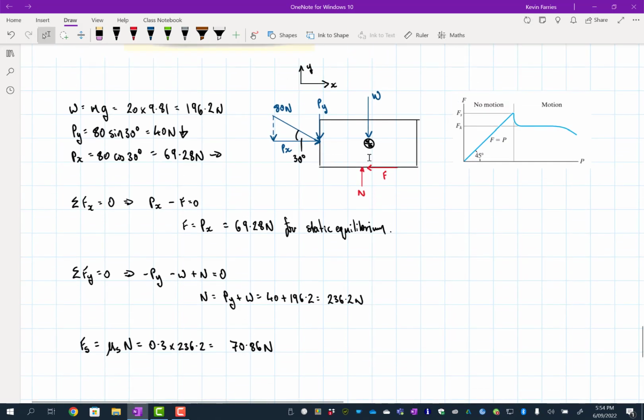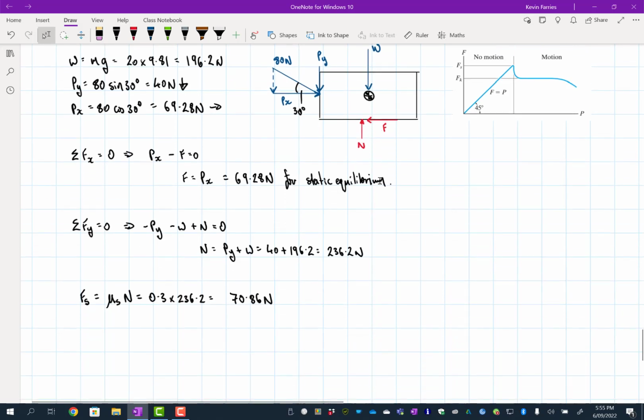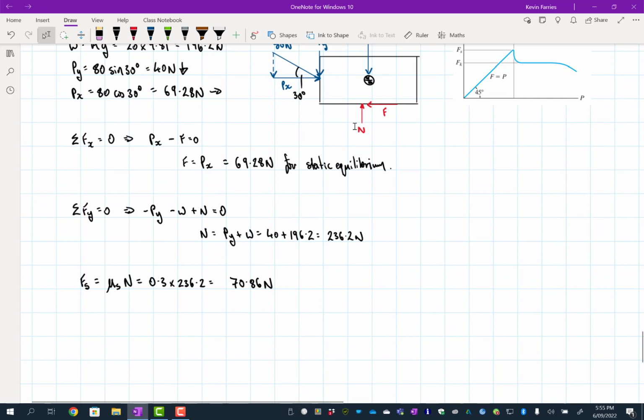So that's the limiting value of friction for this normal force. The normal force is higher than just the weight because we've got this force pushing down the way. That adds a downwards component onto this crate, and therefore your normal force increases a little bit. For that normal force, it would be 236.2 newtons. The maximum frictional force you can get from that, you just multiply the normal force by the coefficient of friction, is 70.86 newtons.